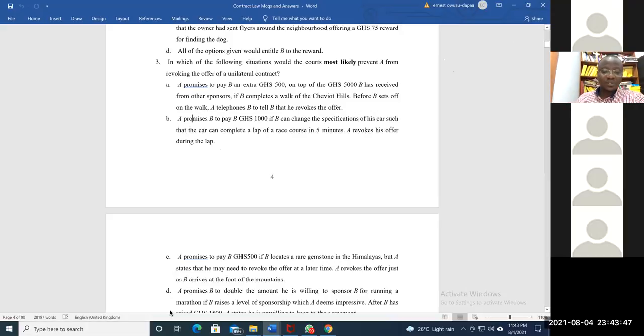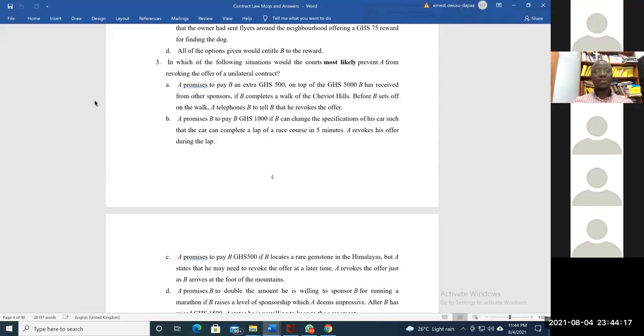Let me look at what you put over there. Question 3. David has gone for B. Let's see. A promises to pay B an extra 500 Ghana cedis on top of 5,000 cedis B has received from other sponsors, if B completes a walk of the hills.